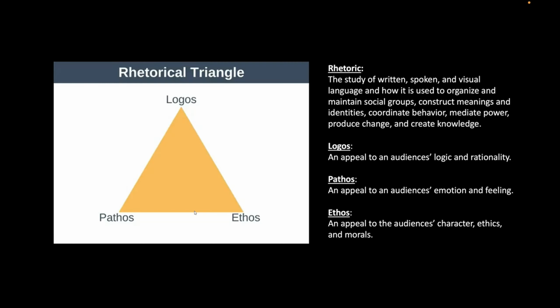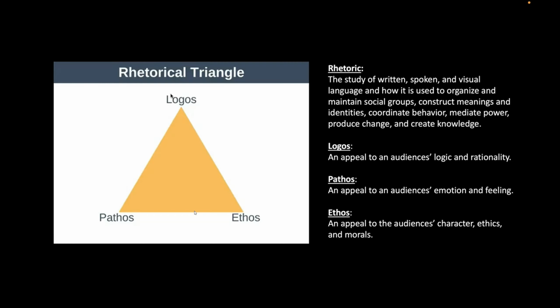It's a triangle because there are three points of persuasion that you could have separately, very effective, but even more effective if you're thinking about persuading someone, you need more than one. You need all of these things really working together to create a very persuasive argument and perspective. And so this is a rhetorical triangle, and its components are logos, ethos, and pathos.